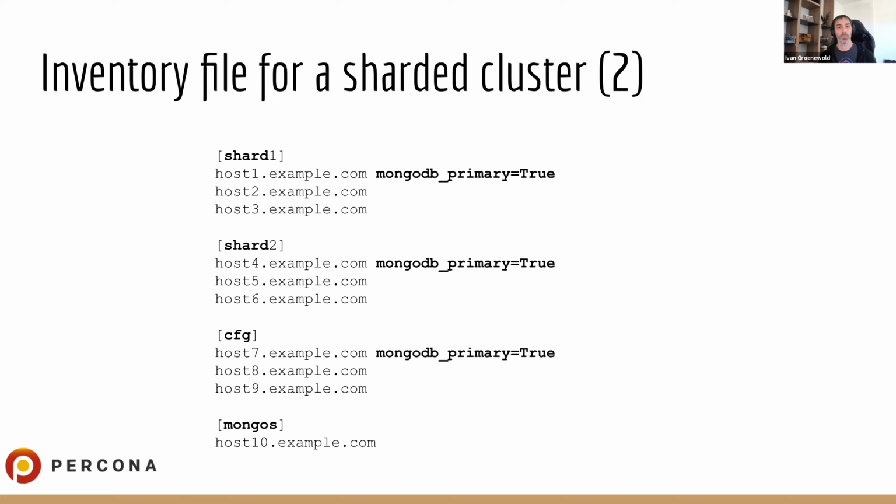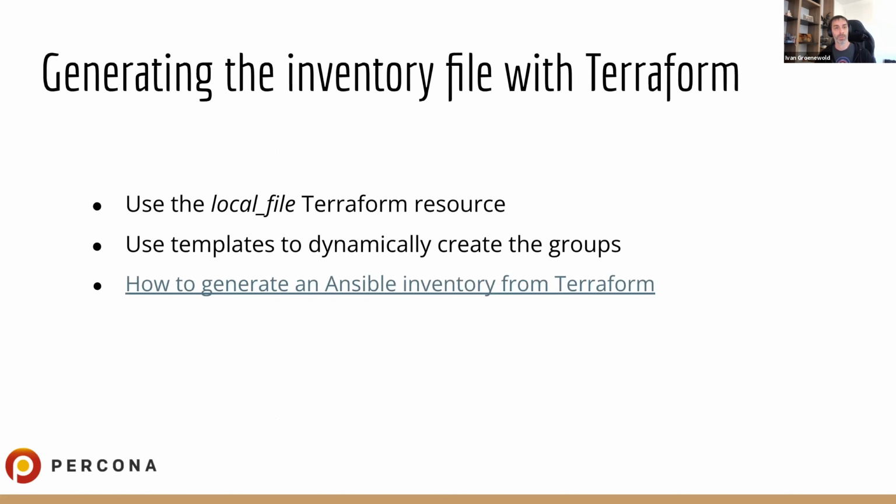And if you have, for example, multiple environments, you could keep multiple inventory files. For example, one for dev, one for test, and one for prod. And that would be the way you could reuse this for multiple environments. The inventory file, in this case, we generated manually, but we could also generate it from Terraform.